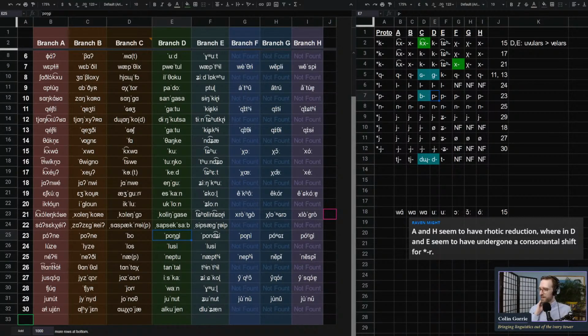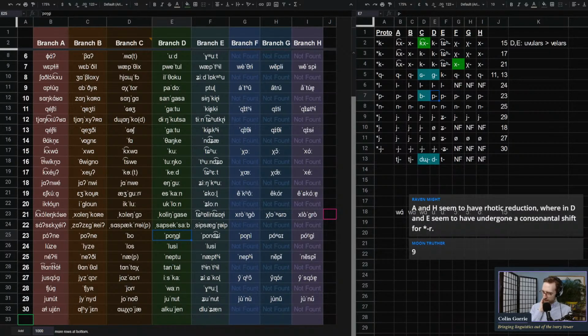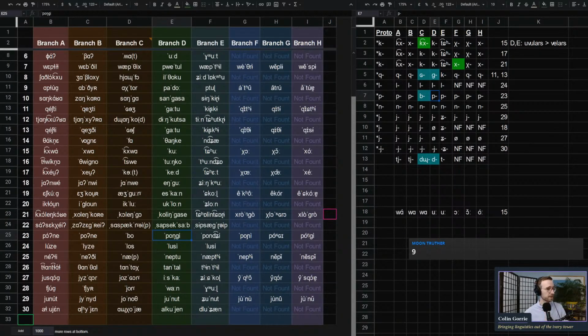Okay. A and H seem to have rhotic reduction, where in D and D they seem to have undergone a consonant shift. All right, let's look at what we're talking about here. We have some interesting things going on with this final R. Ra.